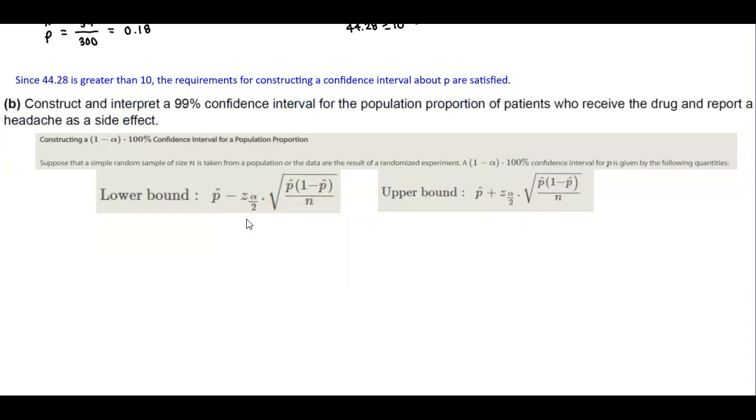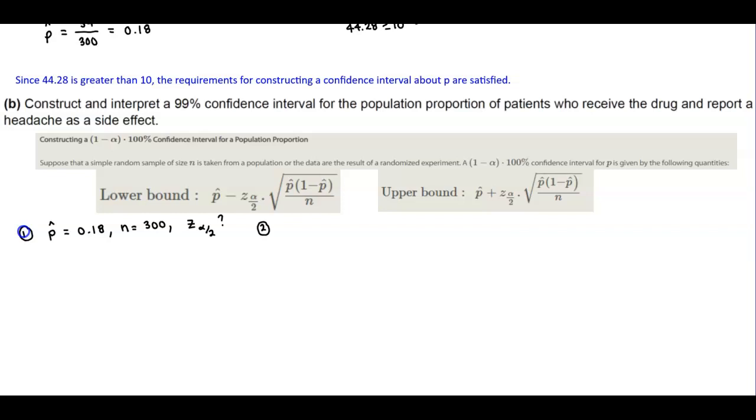So far, we know that we have our point estimate, which is 0.18. We also know that the value of n is equal to 300. And so what we want to do is look for the critical value of z alpha divided by 2. In order to do that, we know that we have 99% confidence.